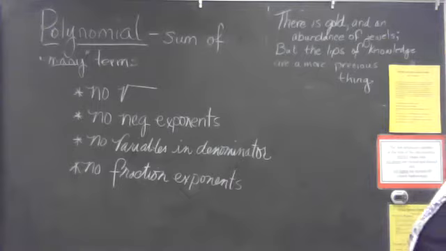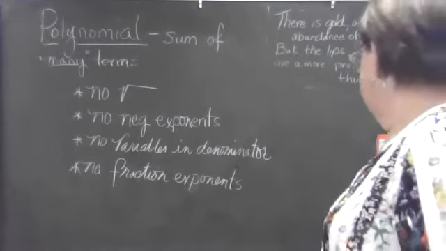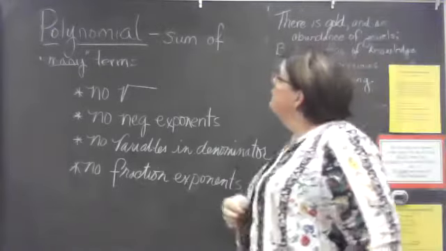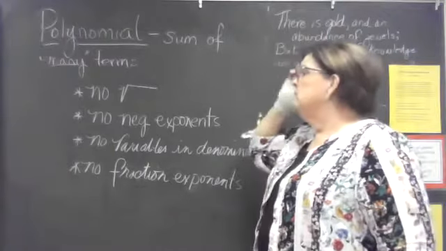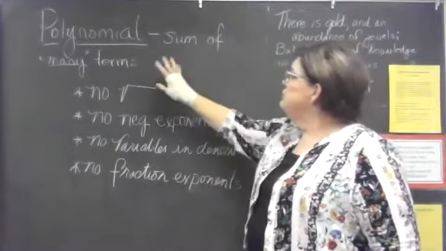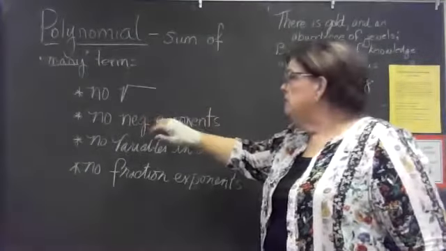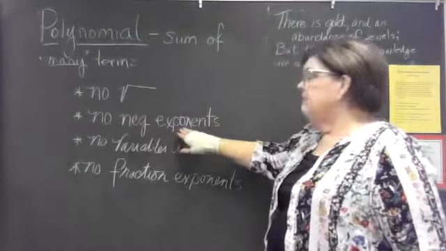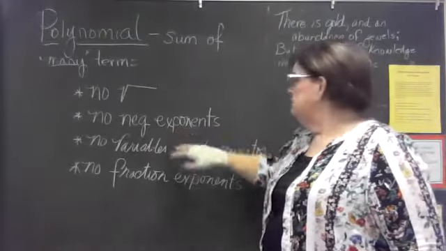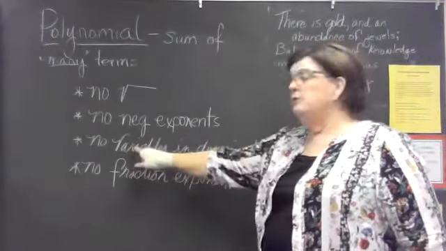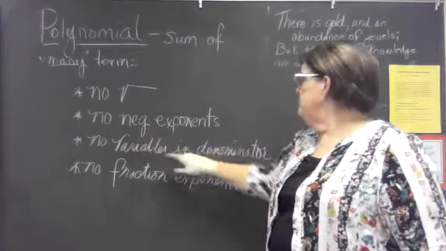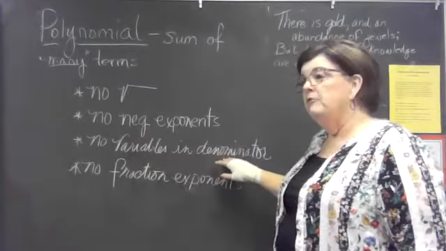You're okay. So it's easier to explain what polynomials are not. If any of the terms in the polynomial have a radical, it is not a polynomial. You cannot have any negative exponents, no variables, that's the letters, no variables in the denominator, that's the bottom of a fraction.